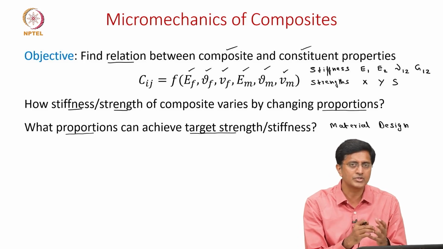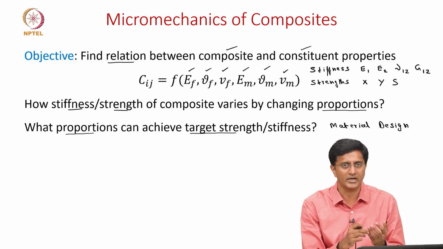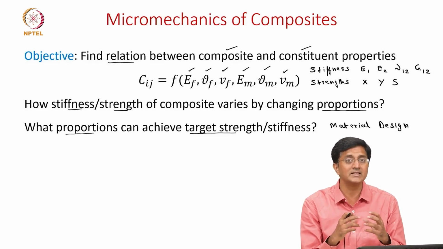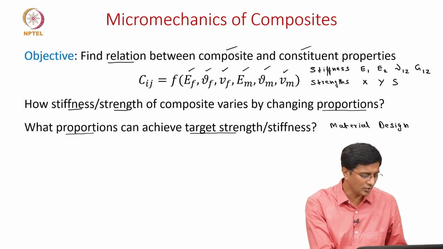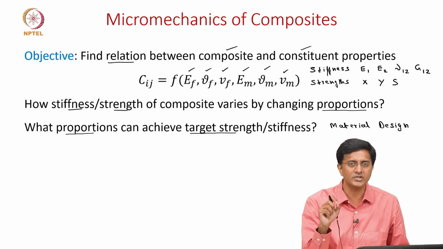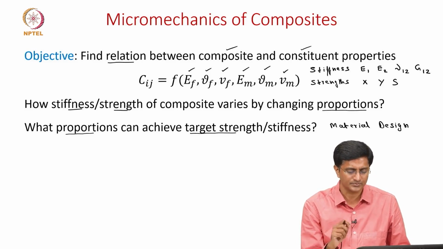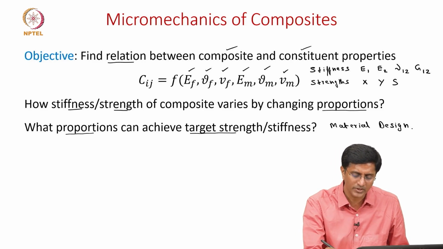Let's say I have chosen either glass or carbon as the fiber and epoxy as the matrix. Just choosing these materials is not enough. We have to choose these materials and then design the material, meaning I need to come up with the right proportion such that I meet my target stiffness, for example 200 gigapascals. So this is what we mean by material design.